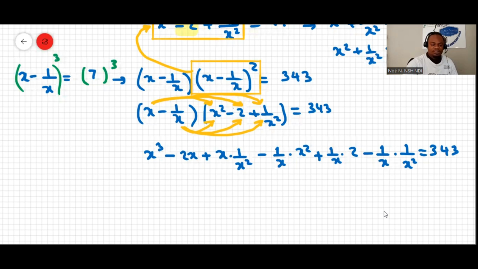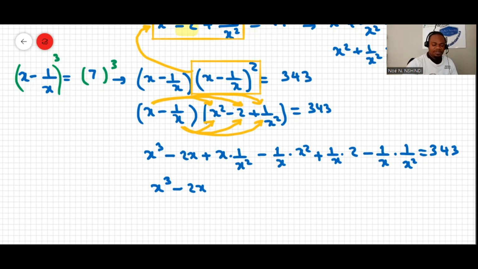Now can we simplify? We have x cubed there, and then negative 2x. I can simplify over here, this part, x times that.